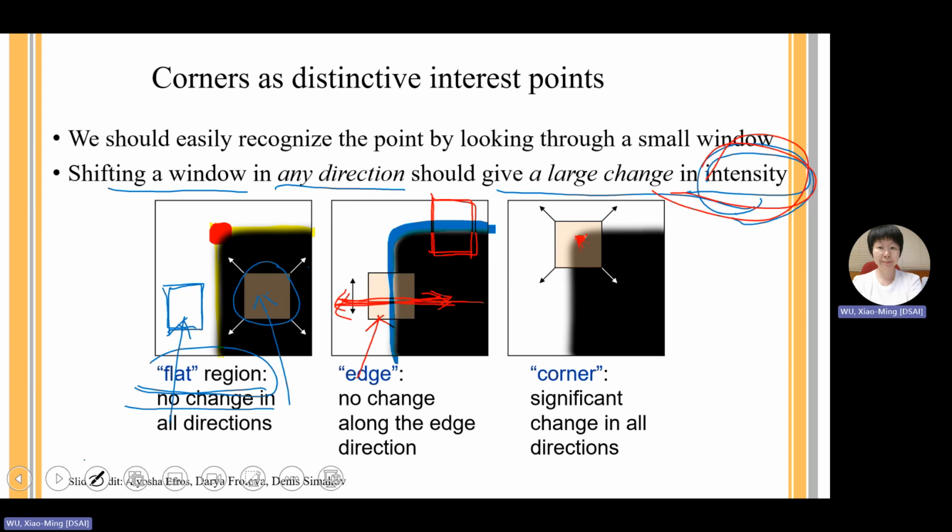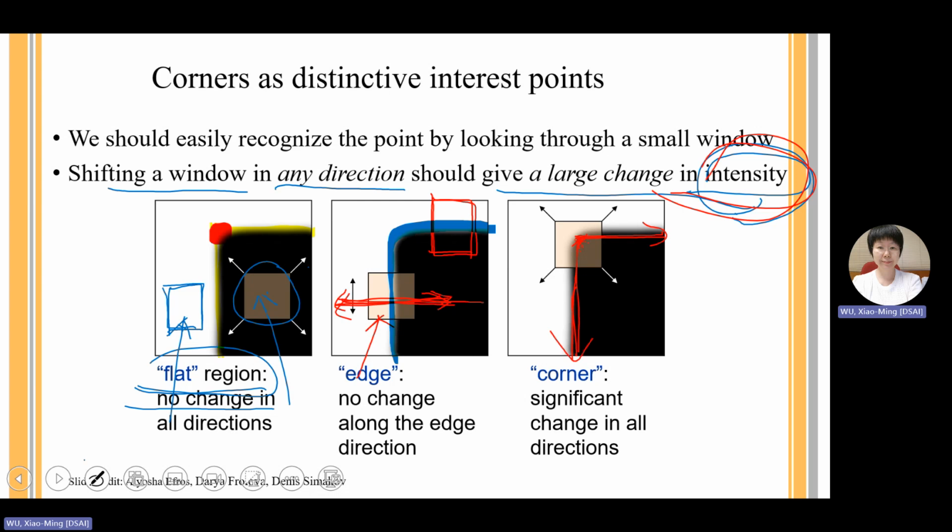Recall we have said that a corner is the convergence of two edges. A corner is determined by two independent vectors.